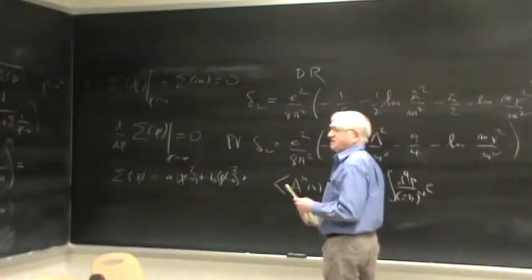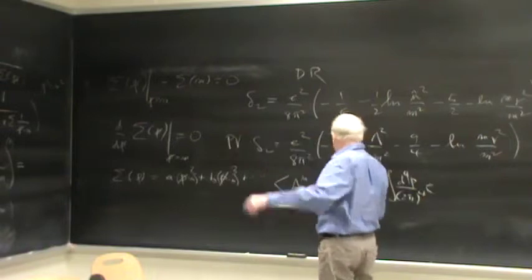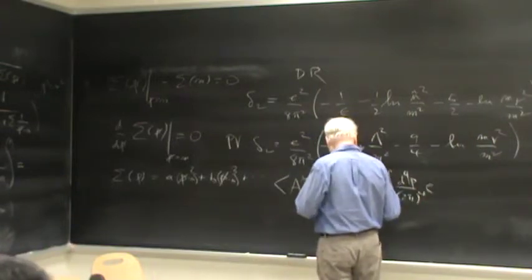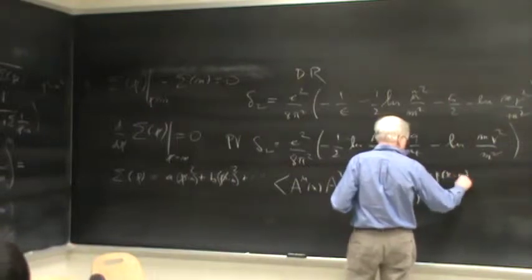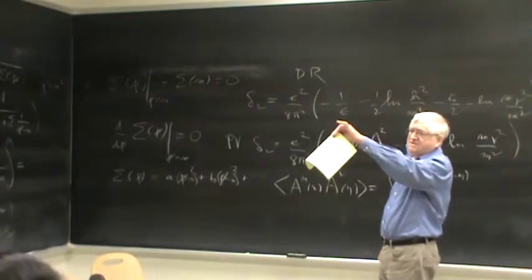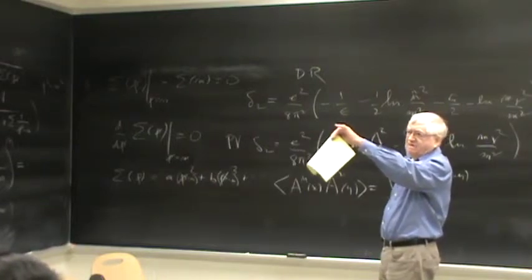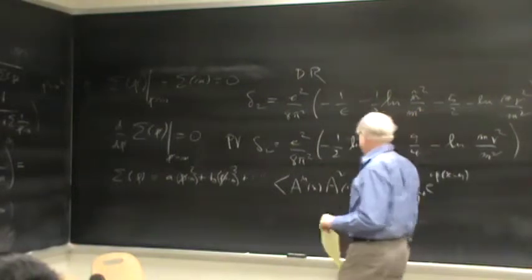What's a little puzzling though is that there was somehow a minus i there and a plus i here. The sign of the i p actually matters in the electron propagator because it's a fermion.